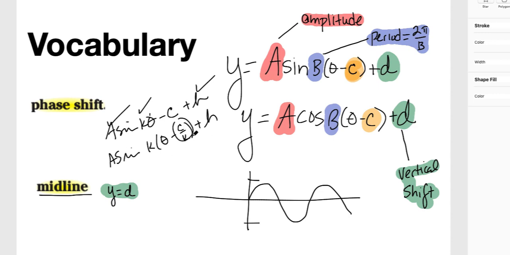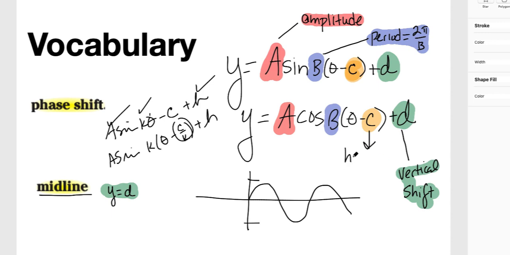And so that's why I'm choosing to automatically, when we write down an equation in what I'm going to refer to as a sinusoidal standard form, factor out of this expression whatever that coefficient of the theta term is. You'll see it come up later. All right, so with that in mind, this C term is now going to be a horizontal shift. It's going to give us a horizontal shift left or right in our equation. So this was the vertical shift.